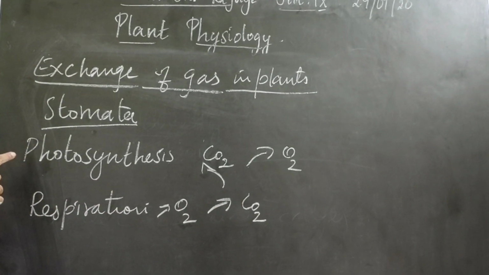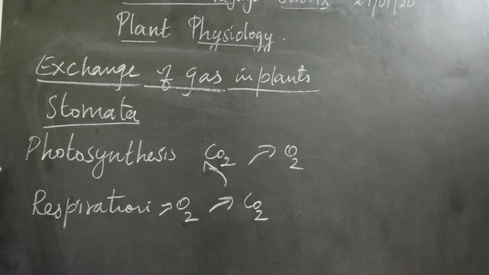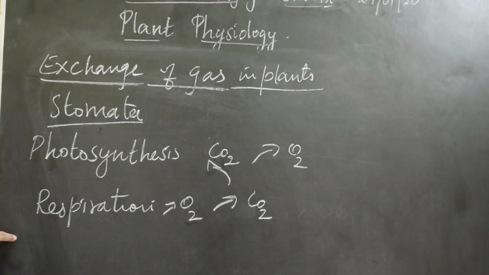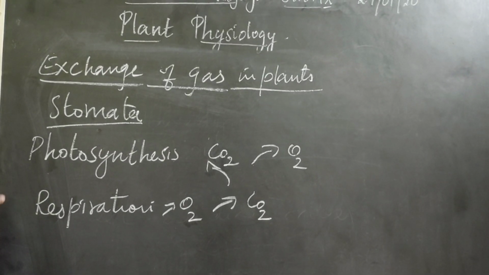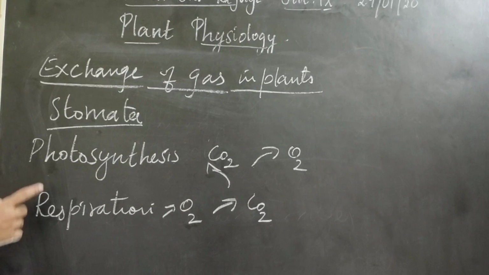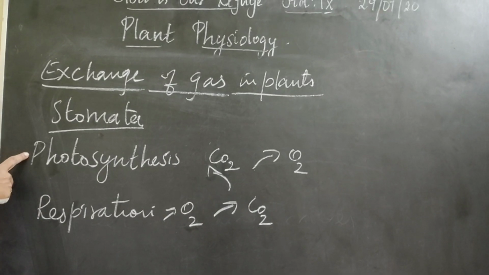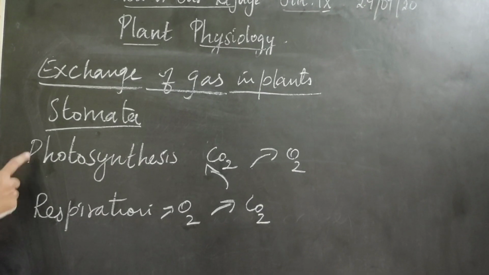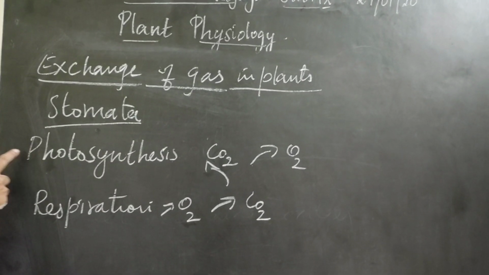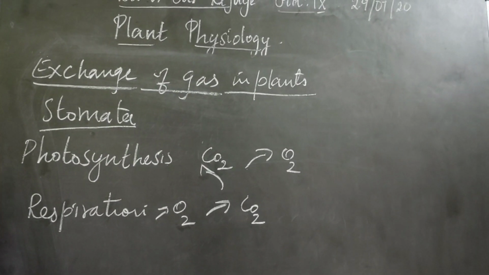Listen, children, say all of you, plants take oxygen for respiration. Plants take carbon dioxide for photosynthesis. Say all of you, plants take oxygen for respiration. Plants take carbon dioxide for photosynthesis.